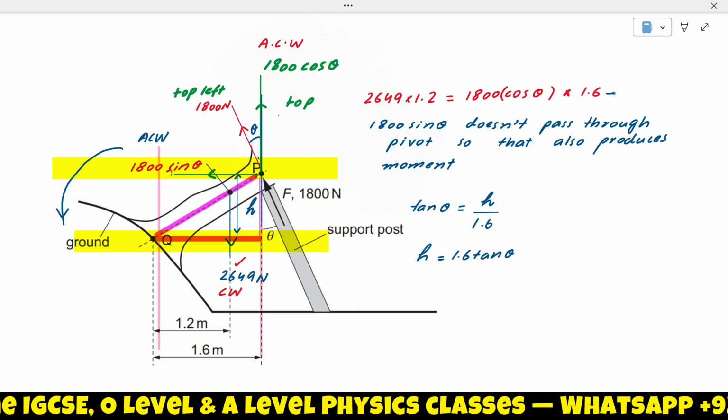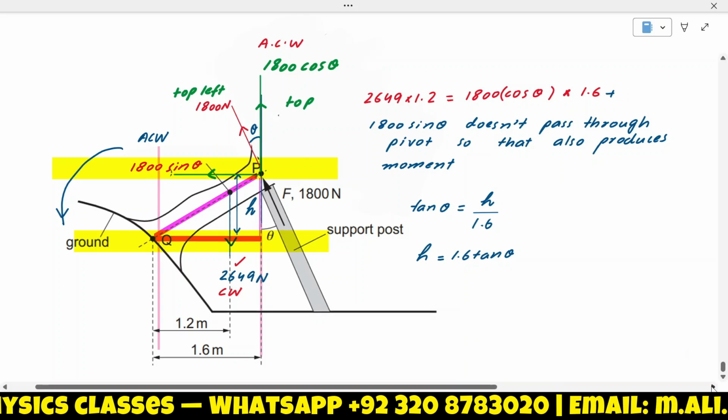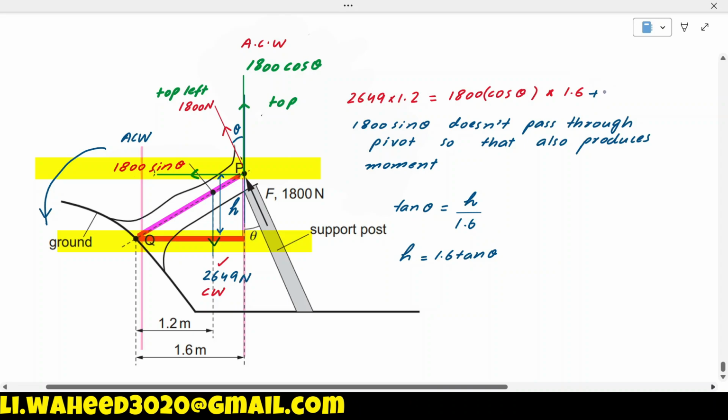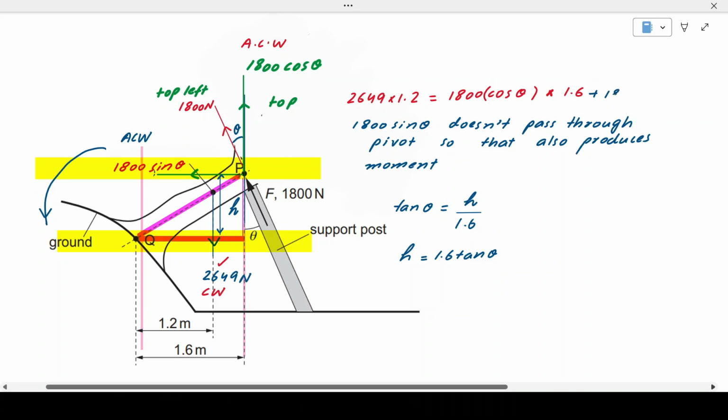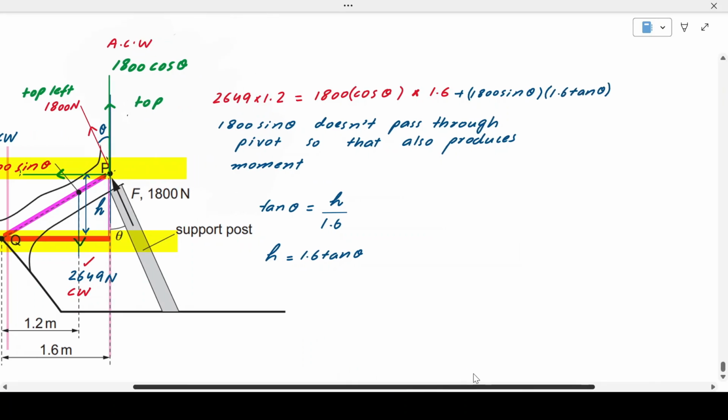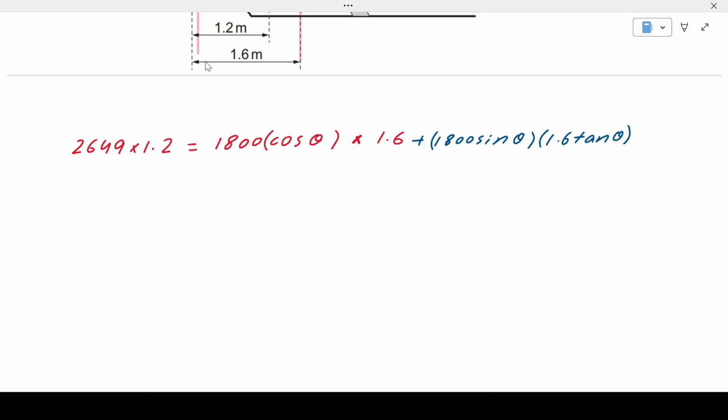So there is another force that produces an anti-clockwise moment, which is 1800 sine theta. That's the value of the force itself, in terms of theta, times the perpendicular distance, which is also in terms of the angle theta. So that's why if you resolve the force into components, the expression becomes tricky.